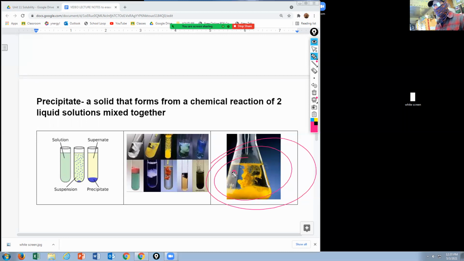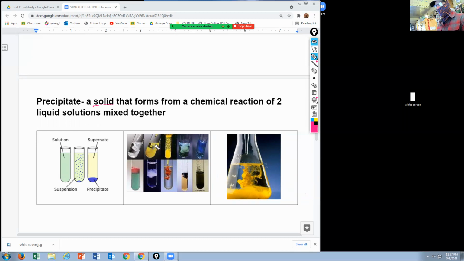You can see that the solution over here is clear. It started off clear, and then we're dripping in a clear solution as well. When we mix this clear solution and another clear solution, it forms a solid, okay? A precipitate is a solid that comes out of solution.